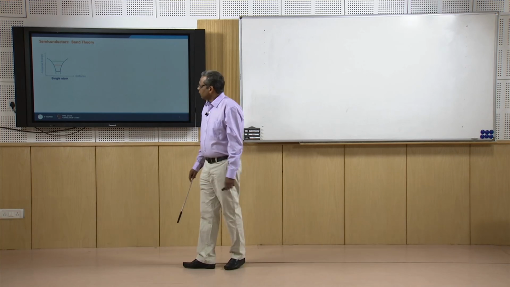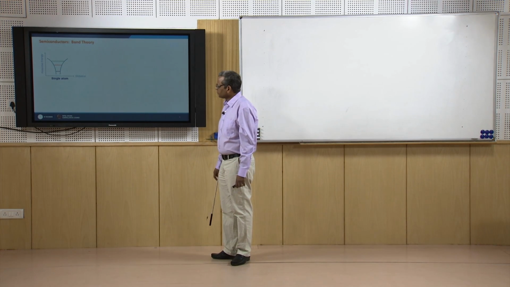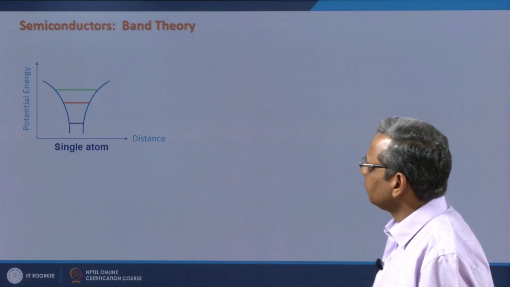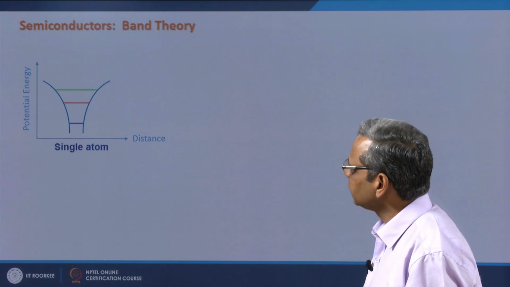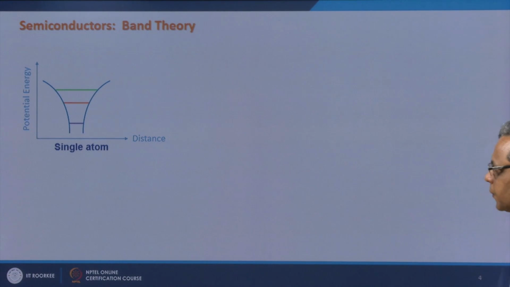What are energy bands or energy levels? If we look at a single isolated atom, then its potential energy is something like this. The electron in an atom experiences a potential energy something like this.